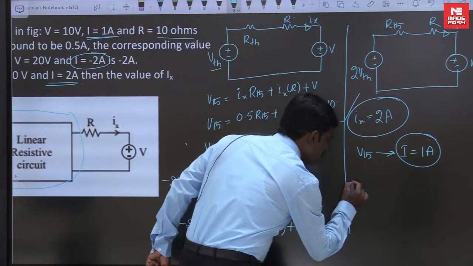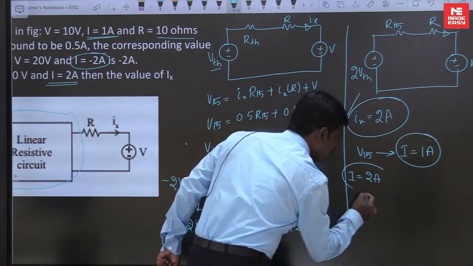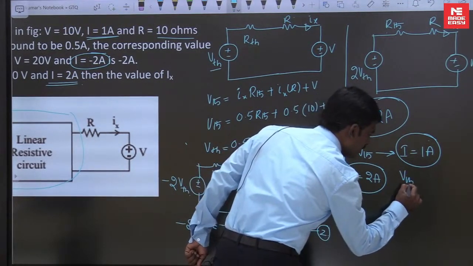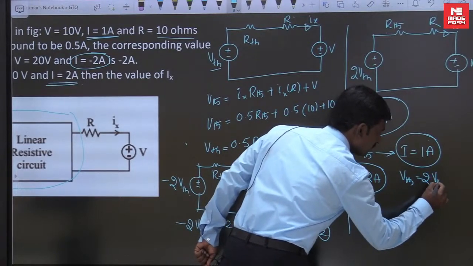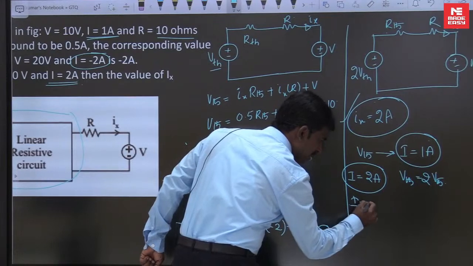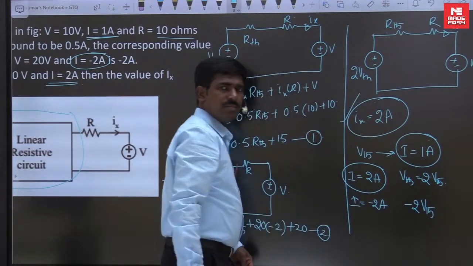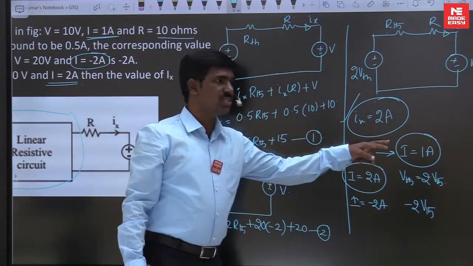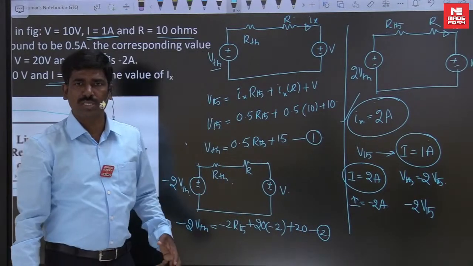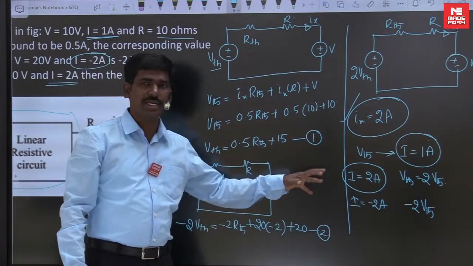So if I is equal to 2 amperes, VTH becomes 2 VTH, the open circuit voltage. If I is equal to -2 amperes, it is -2 VTH. This is linear, so it should change accordingly. Because the source current changes, the open circuit voltage also changes. This is the most important point here.